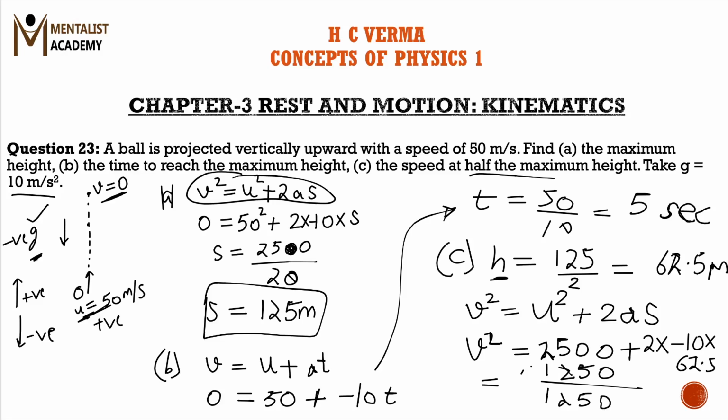So V square has come out to be 1250. So the value of V would be equal to 35. I am writing the value at the top. V would be equal to 35 meters per second. Thank you.